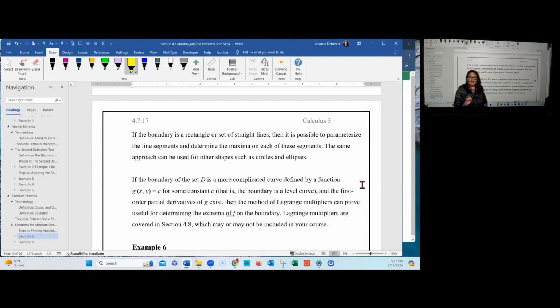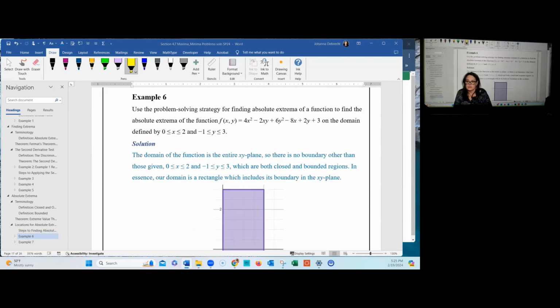Let's take a look now at example 6, which is our first example on how we're going to find these critical points on the interior and on the boundary. Example 6 has the function 4x squared minus 2xy plus 6y squared minus 8x plus 2y plus 3, which is a quadratic surface.